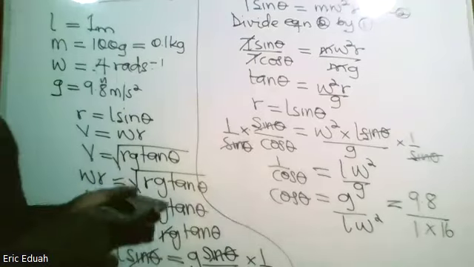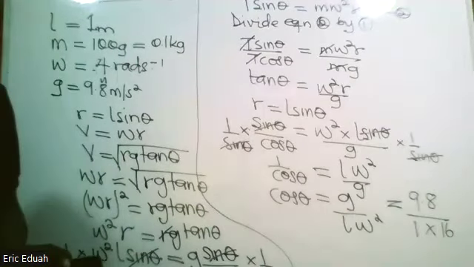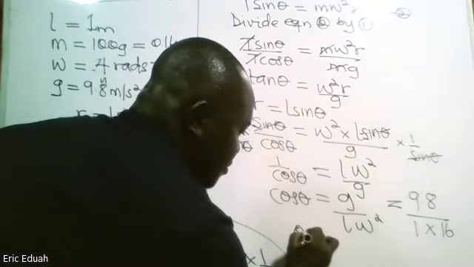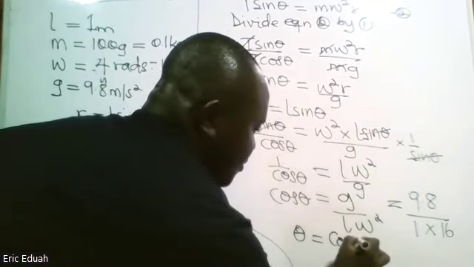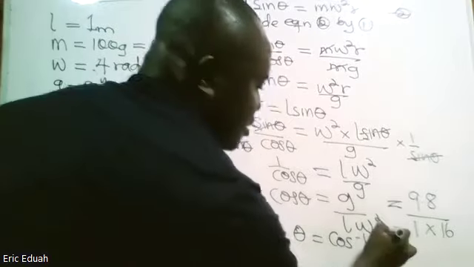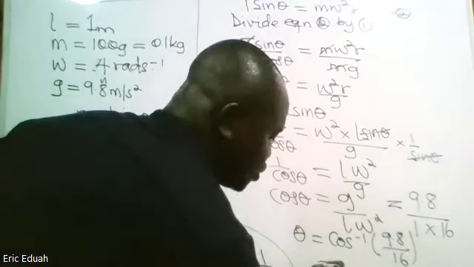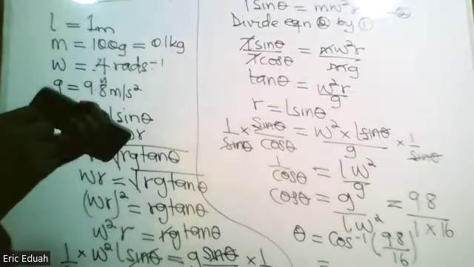So divide 9.8 by 16. What's the answer? It should be 50 something.